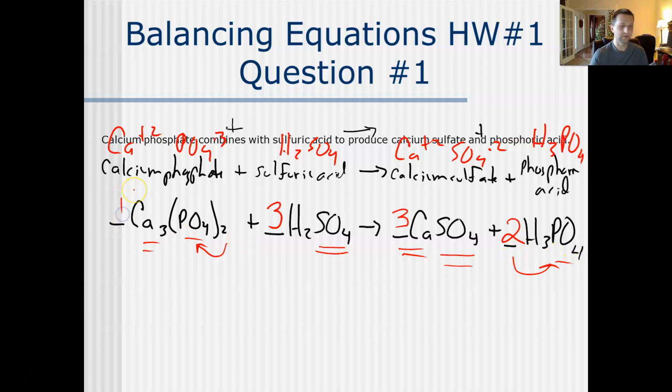So I'm actually done. You can put a 1 here if you want to. You don't need to, though. I like to put it there just because I like to have it filled in, but it's really not common to see that. It's not wrong, but it's not really accepted. But I do it anyway because I like to make sure everything looks complete. So 1, 3, 3, 2 is the balanced equation for that one.